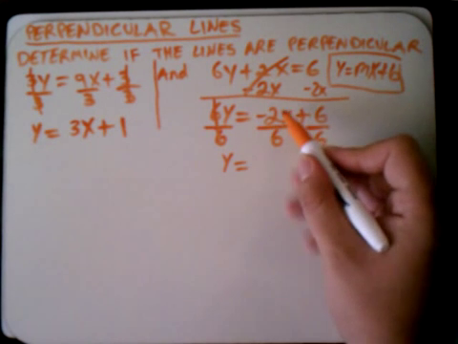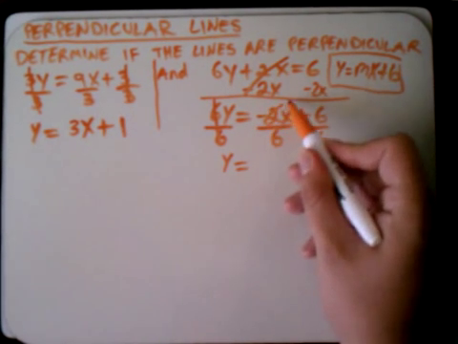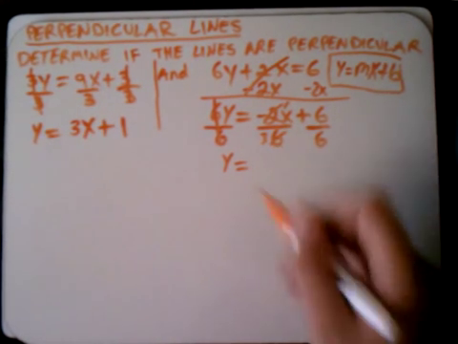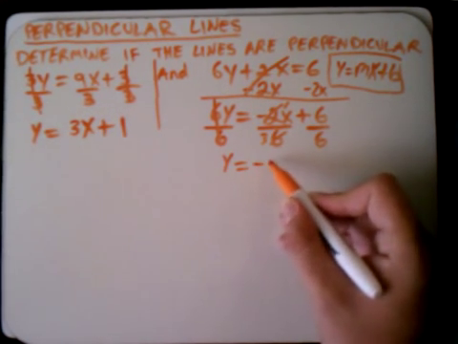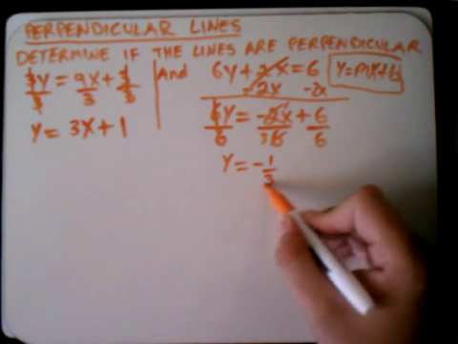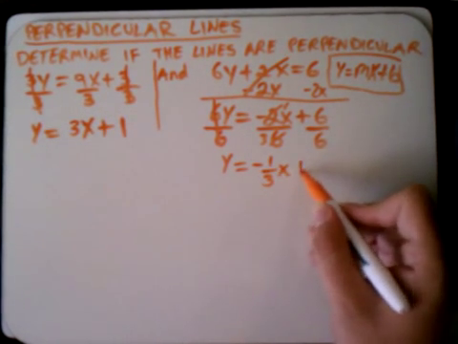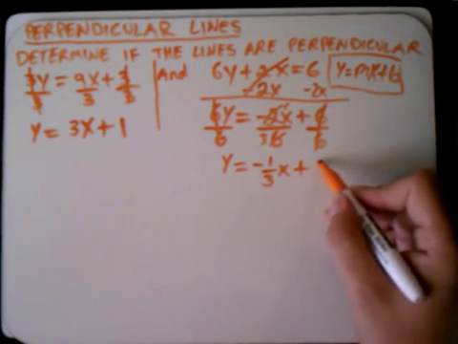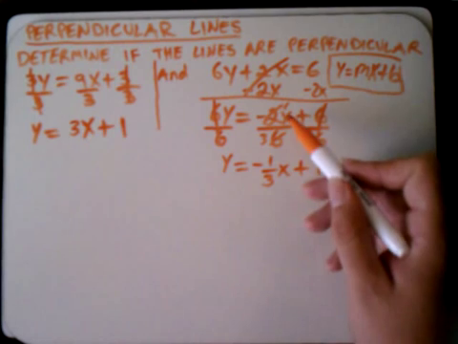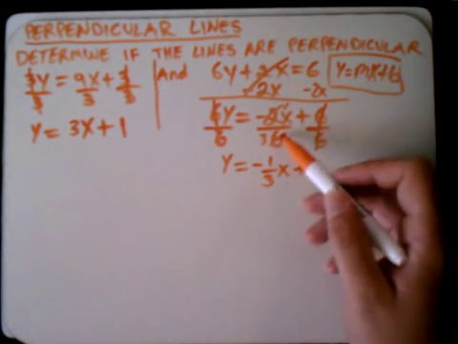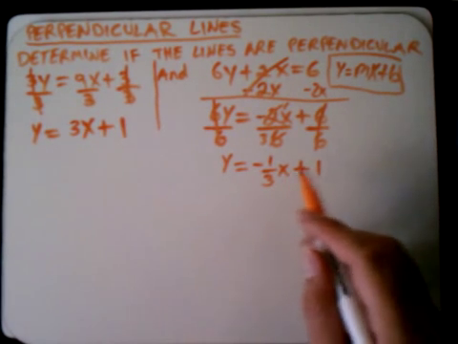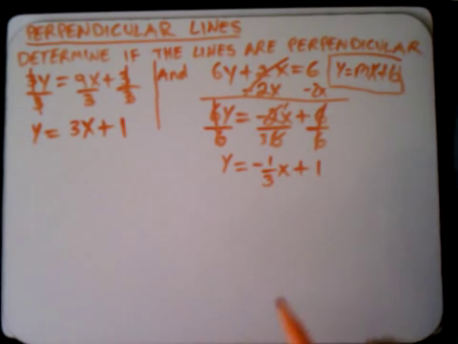We can simplify: the negative 2 becomes a 1, and the 6 becomes a 3. So I will have negative 1/3 x plus, this cancels out, 1. If you don't know how to simplify fractions, check one of my videos. I have a video that shows you how to simplify fractions.